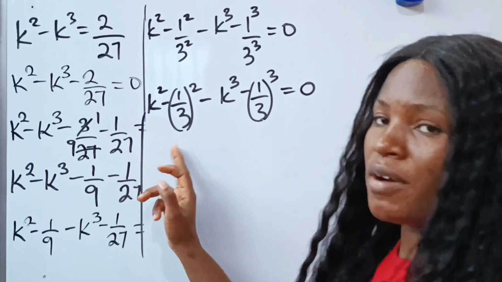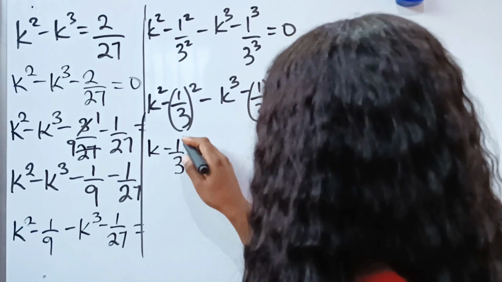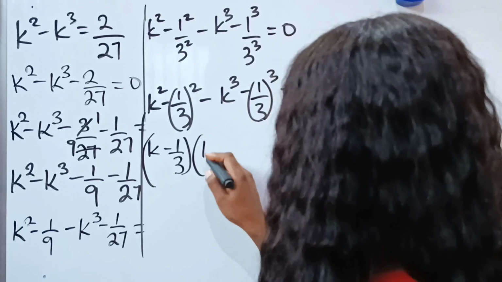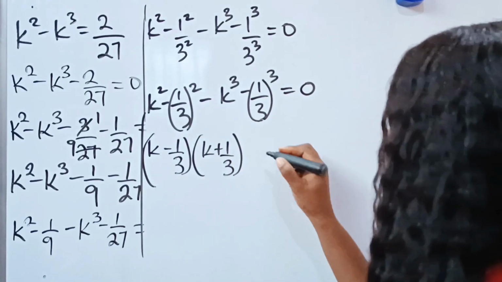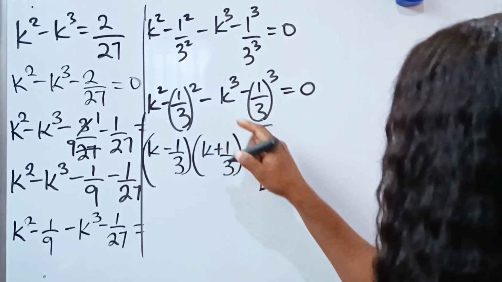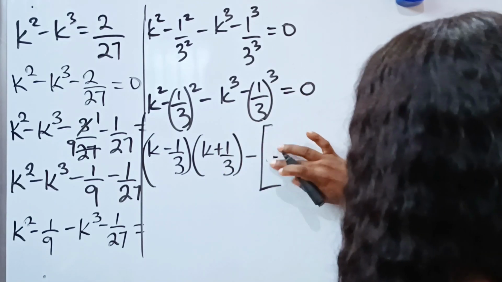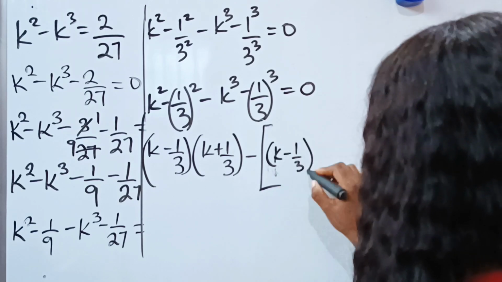So that means that we can write this as what? k minus 1 divided by 3 multiplied by k plus 1 divided by 3. Okay, now minus, then for this place we have what? k. Okay, our first bracket is going to be k minus 1 over 3.